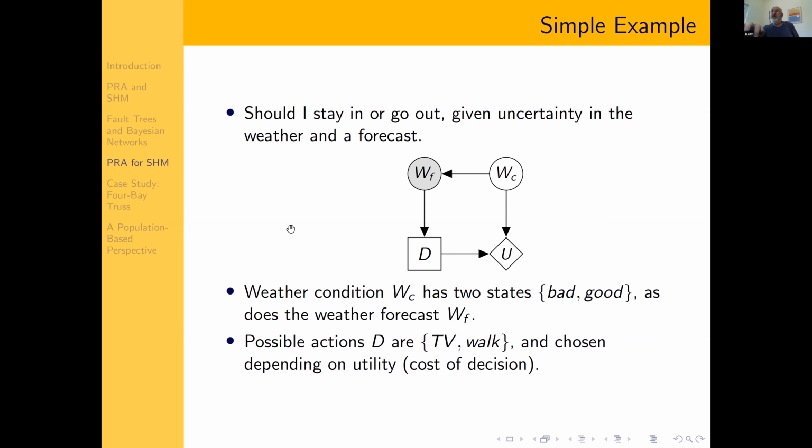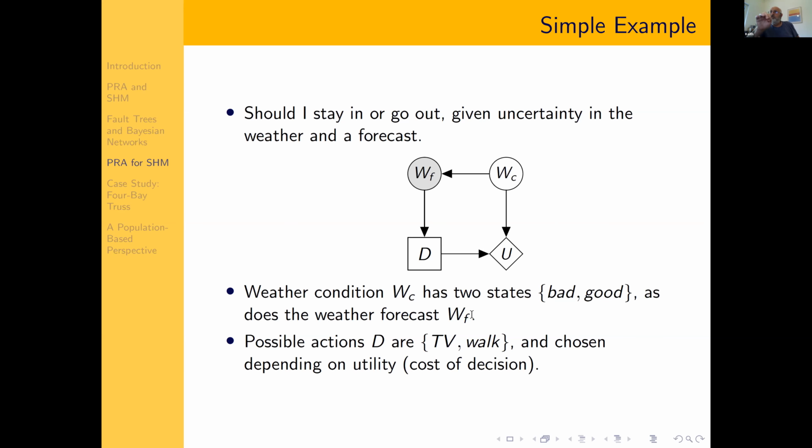Okay? Now, there's nothing massively interesting about this particular example yet, because if the forecast is good, my decision is to go for a walk. And this relates to, there's no learning problem here. The weather forecast is just binary.